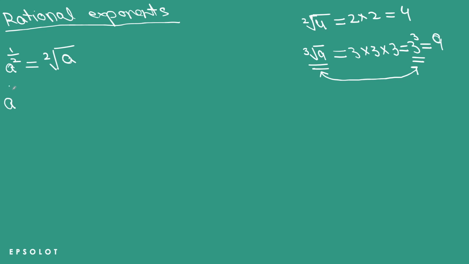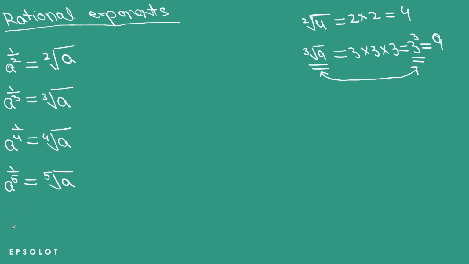If I had 1 over 3, then it just means the cube root of a. A to the power of 1 over 4 means the fourth root of a. A to the power of 1 over 5 is the fifth root of a. A raised to the power of 1 over n is the nth root of a.